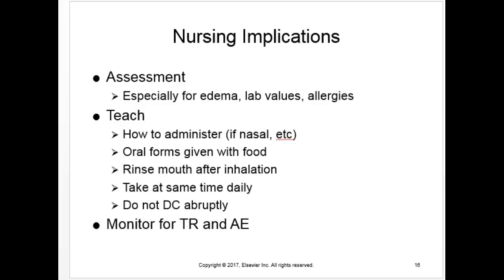Some of these drugs are nasal. So nasal corticosteroids, you have to teach them how to do a nasal spray. Some people don't know. After orally inhaled corticosteroids, people have to rinse their mouth because these will cause fungal infections in the mouth.